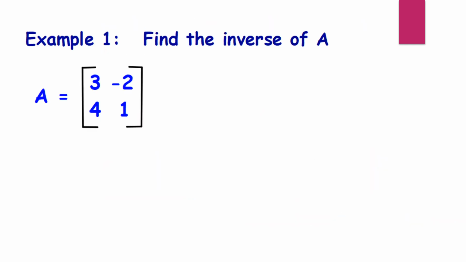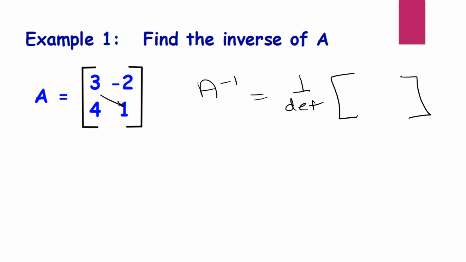Okay, so here's our first example, example A, and we need to determine the inverse of A. Again, that's 1 over the determinant, and I'm going to go ahead and switch my places. So A and D switch places, the 1 and the 3, and then the signs change for the other two. So row 1, column 2 is a positive 2, and row 2, column 1 is now a negative 4.